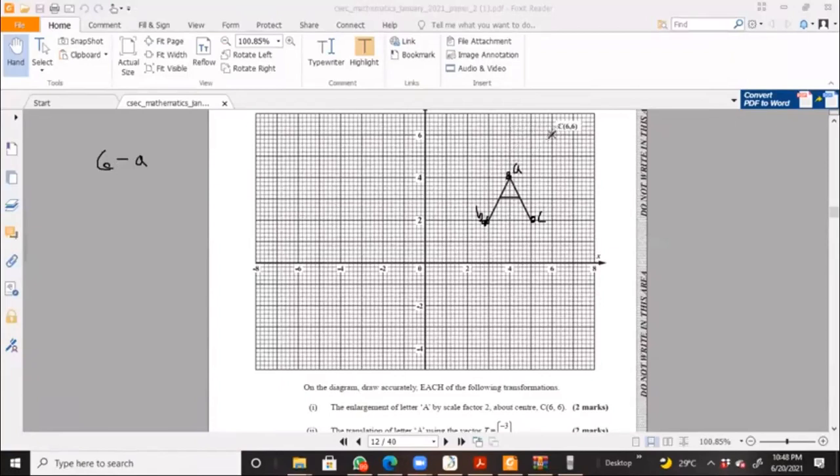I move 2 units to the left, and later I go downward another 2 units. Both of them are -2 and -2. The movement is 2 and -2.